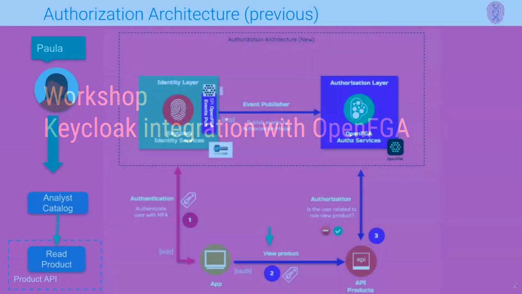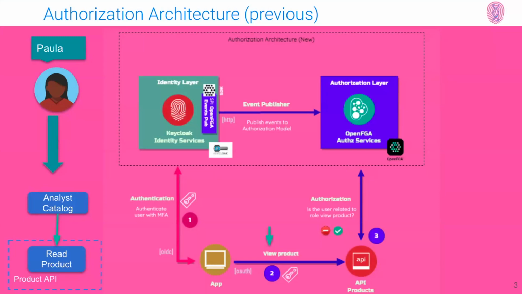So this was the previous version of the workshop. As you might see, nowadays it's quite common in authorization architecture to end up having something like this. For authentication journeys, it's quite common to have an identity provider.